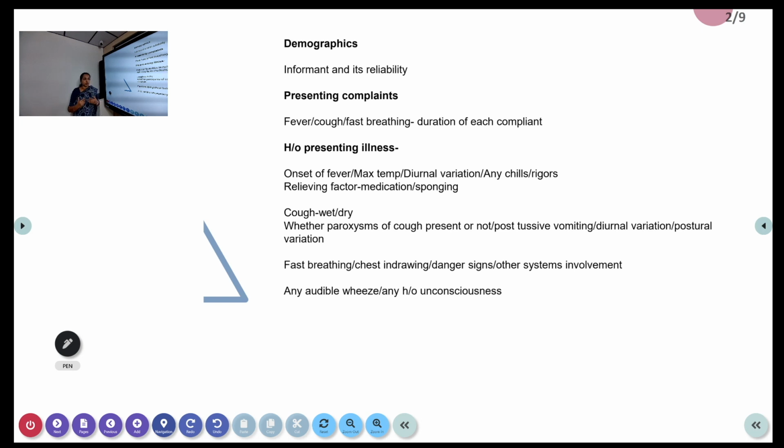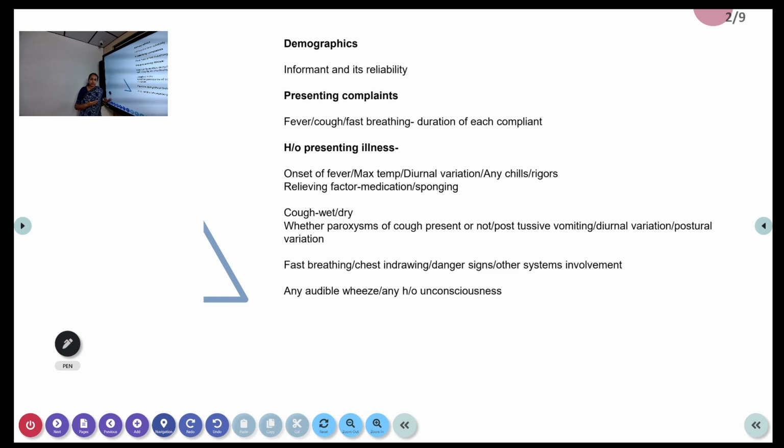that is characteristic of bronchial asthma. Then any postural variation of the cough. Is the cough more when the child lies on the left side or on the right side, or is the cough more in the lying down position and better in the sitting up position? Like that, postural variation of cough.